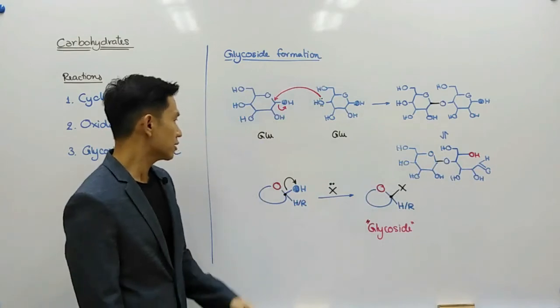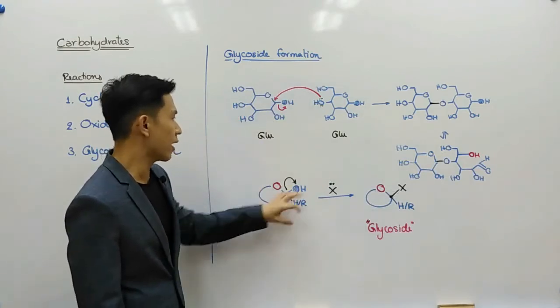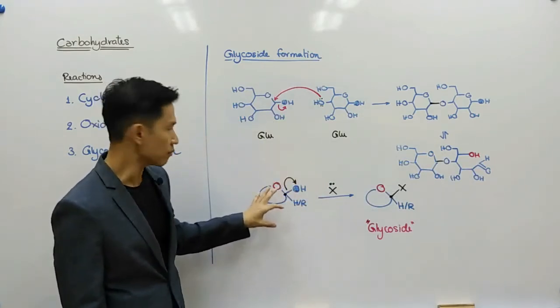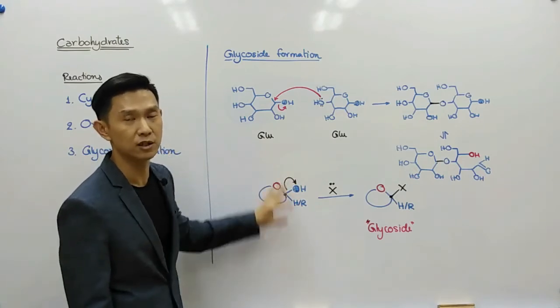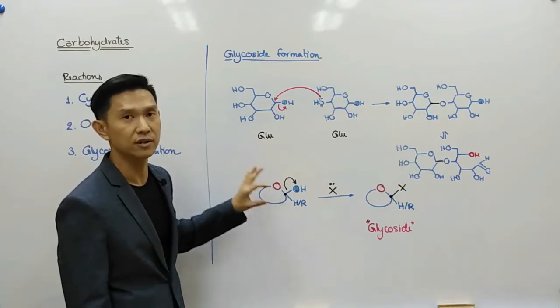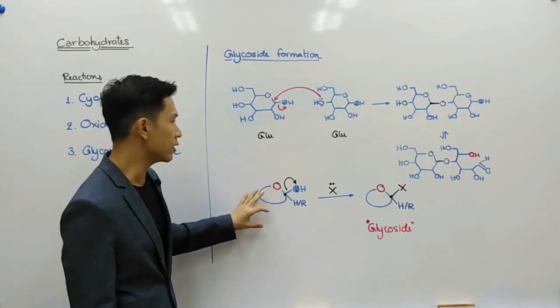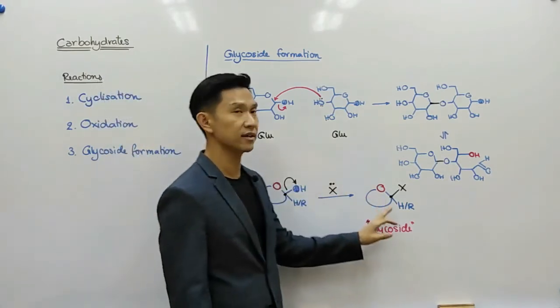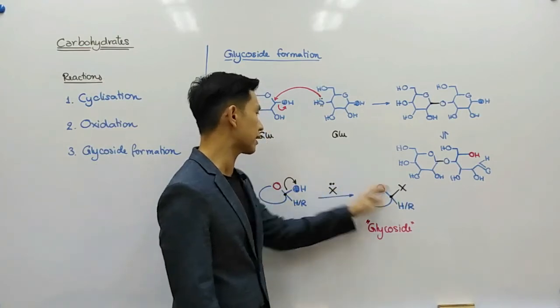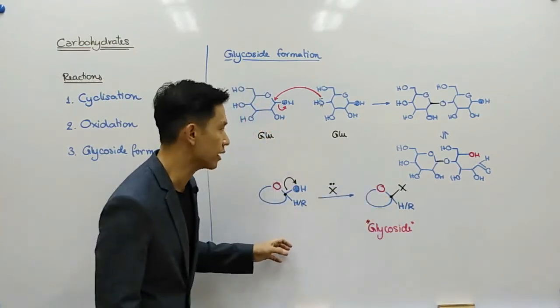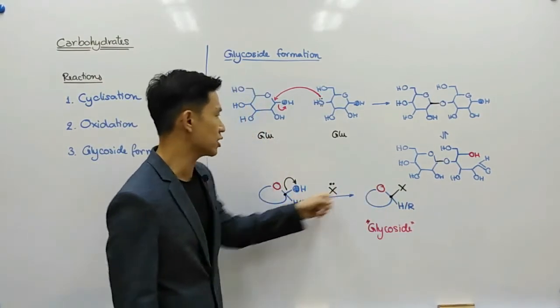So that means if you have a monosaccharide, you have equilibrium of open and closed chain, and you can do oxidation with Benedict with this one. But after you make the glycoside out of the monosaccharide, you don't have the OH left.